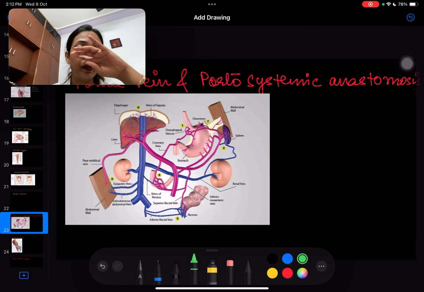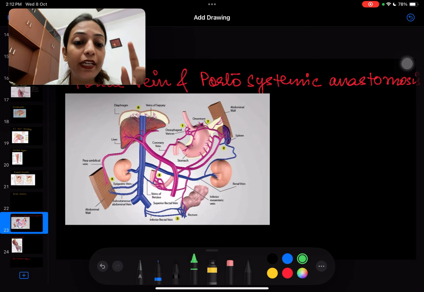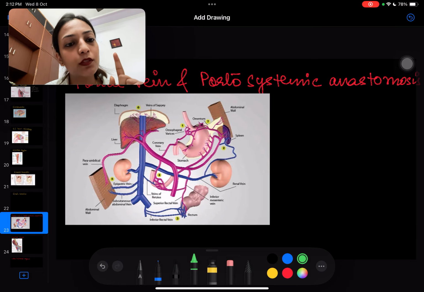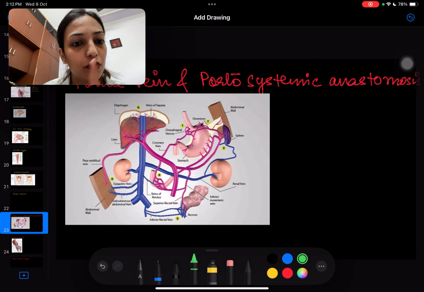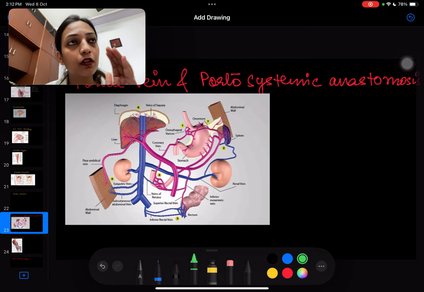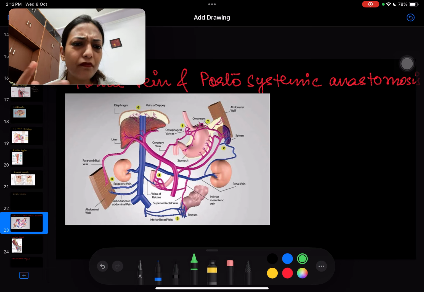Why? Because our liver needs to know if this thing is permitted to go into the body or not. If it is a poison, if it has high oxidative stress content, if it is something that might harm our body, our liver will clean it up. Our liver is going to break it down and decompose it so that it becomes non-toxic for our body. In simple words, that is why this portal vein is important.